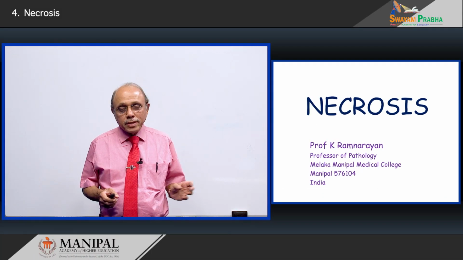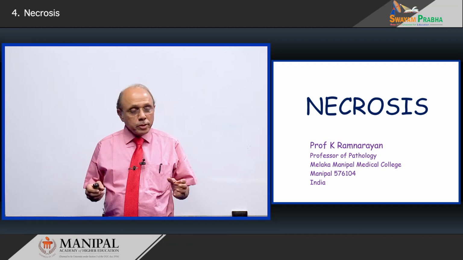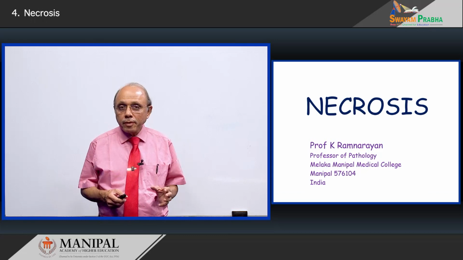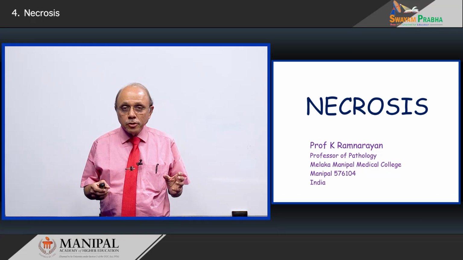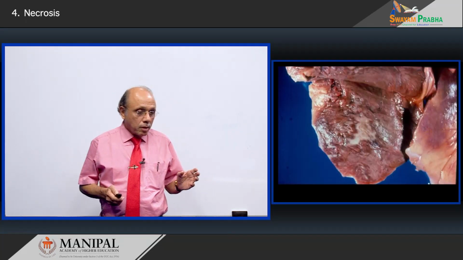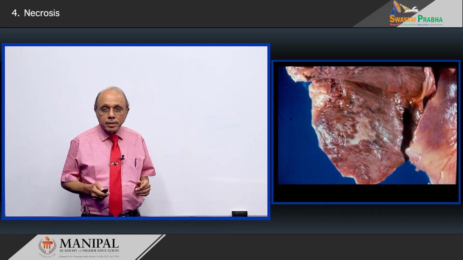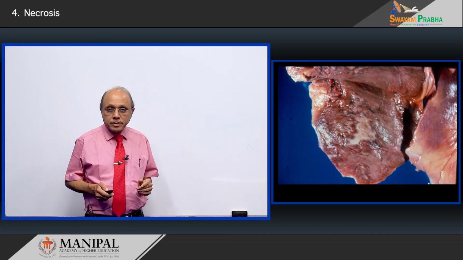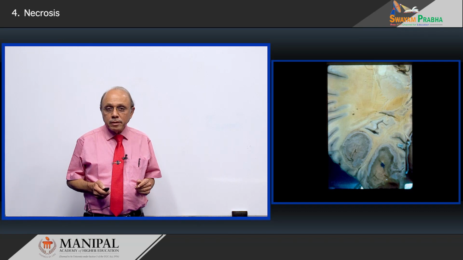Today we will look at necrosis, and I'm going to begin this topic by asking you a question. Look at this myocardium with an infarct. Look at this brain with an abscess.